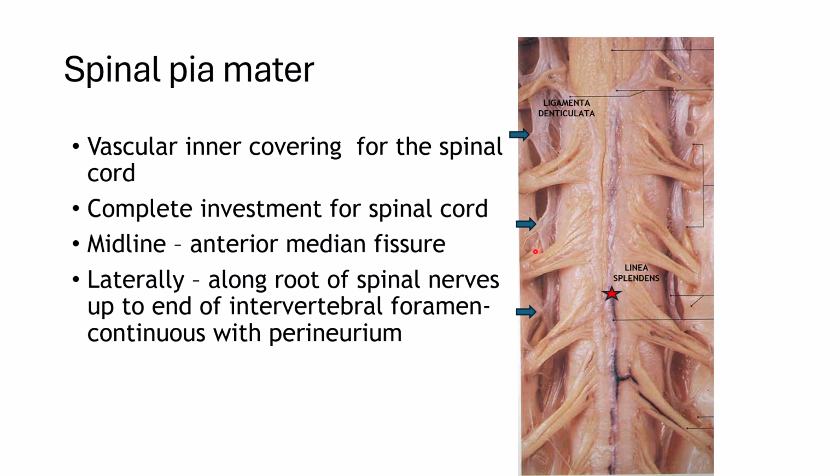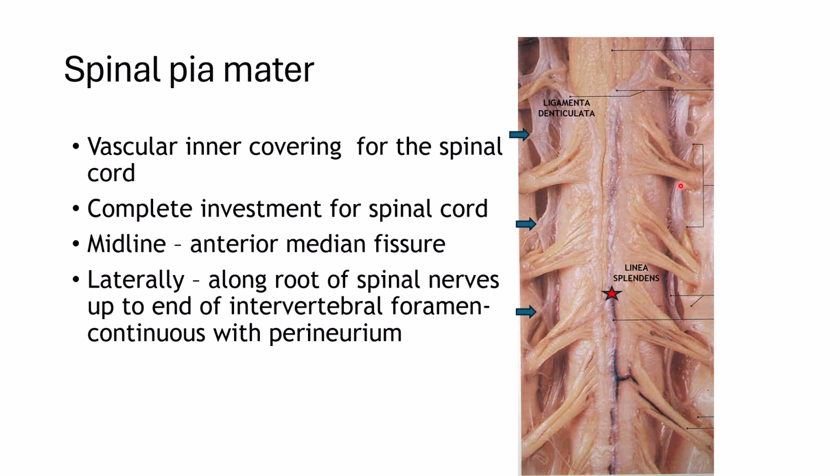Here you can see the ventral roots and dorsal roots attached to the spinal cord, going towards the intervertebral foramina, where they unite to form the mixed spinal nerve. The spinal pia mater extends up to the intervertebral foramina along the spinal nerve roots, where it becomes continuous with the perineurium.